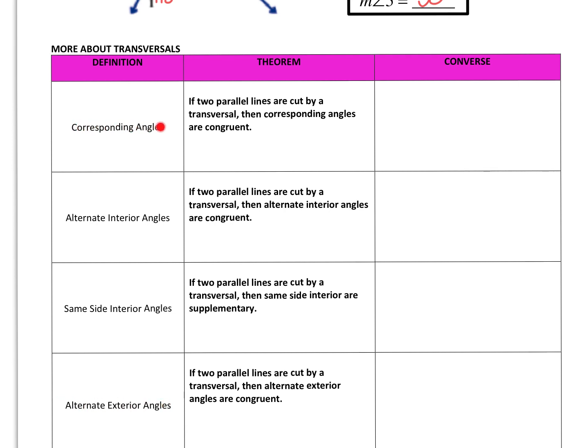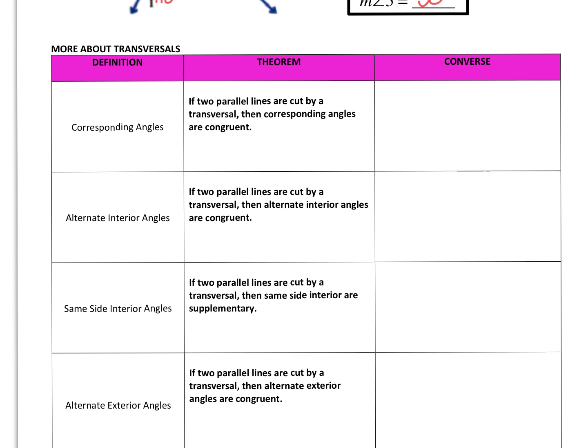What we said in 9.3 was if two lines are parallel, then corresponding angles are congruent. If two lines are parallel, then alternate interior angles are congruent. If two lines are parallel, then same side interior angles, you might remember that one, are supplementary. They're adding up to 180. And finally, if two lines are parallel, then alternate exterior angles are congruent.